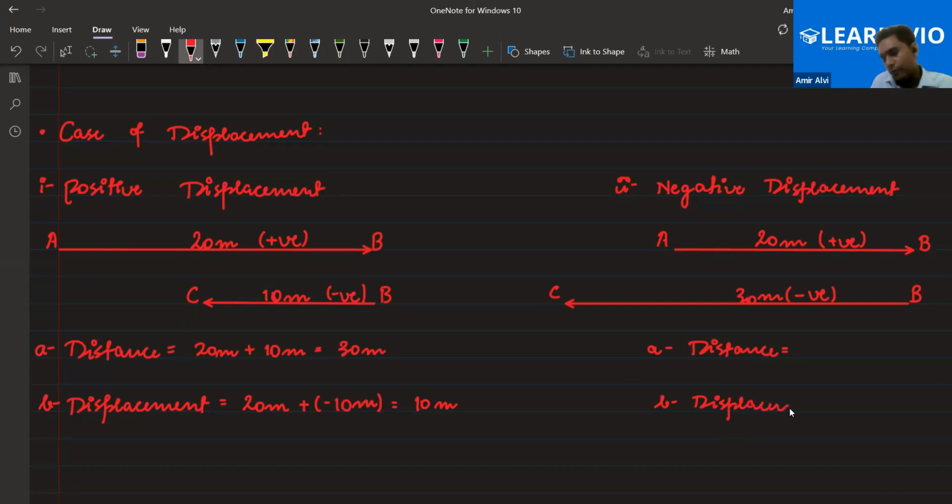Astitva says 50. What about the rest of you, Anam and Sarah? Yes, sir, distance is coming out to be 50. Distance is 50, obviously. So distance will get added up, doesn't matter in which direction you are moving. So displacement, distance.